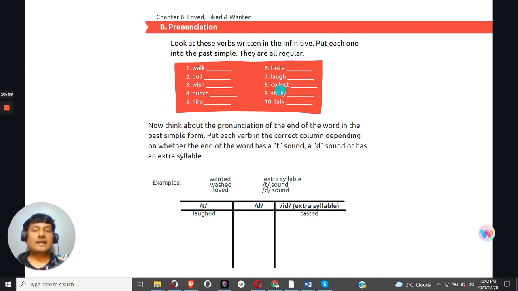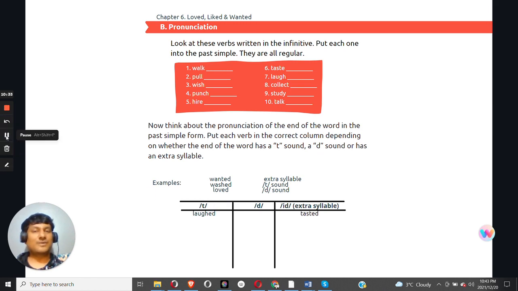Collected, 3 syllables, extra syllable goes under this heading over here. Studied has 2 syllables as well. Extra syllable goes over here. The last one, talked. Talked has the T sound, so it goes under here.